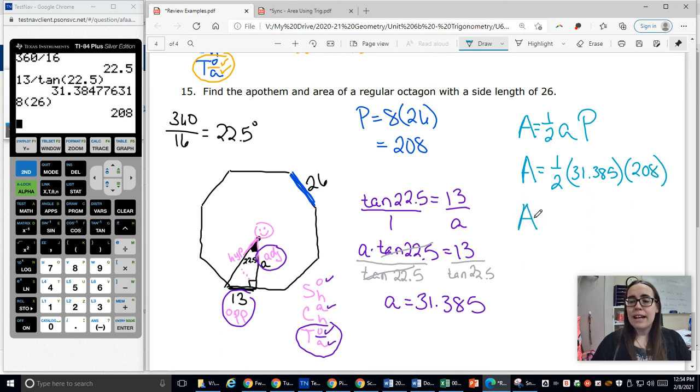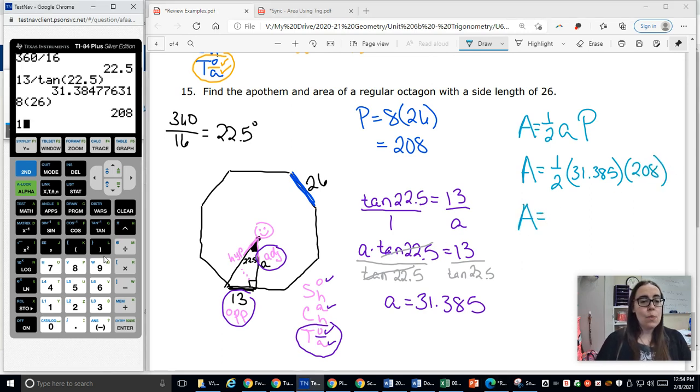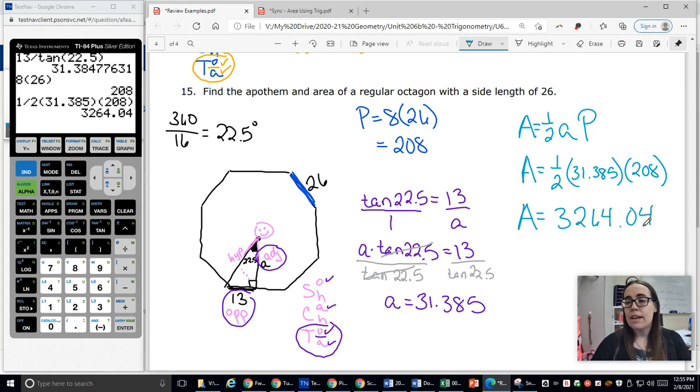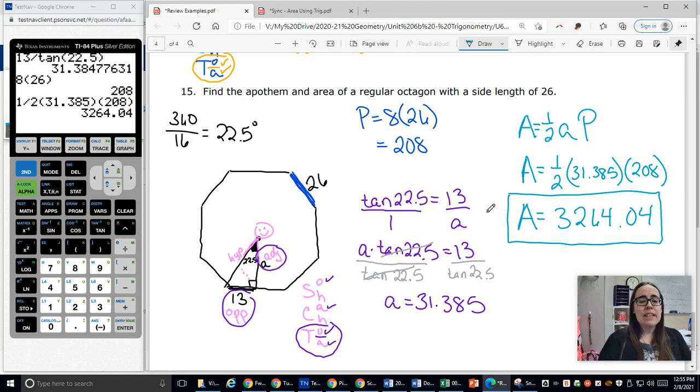So my area is going to be, let's see, 1/2 times 31.385 times 208, my perimeter, which gives me 3,264.04. And if I was going to round that to the nearest whole number, I would just say 3,264.